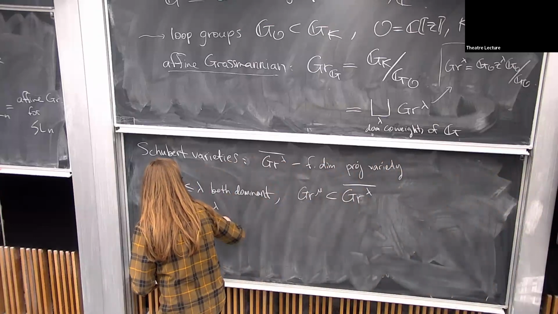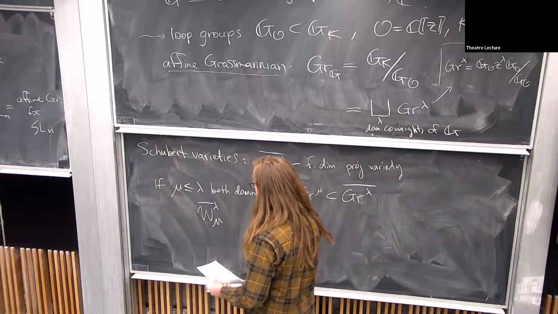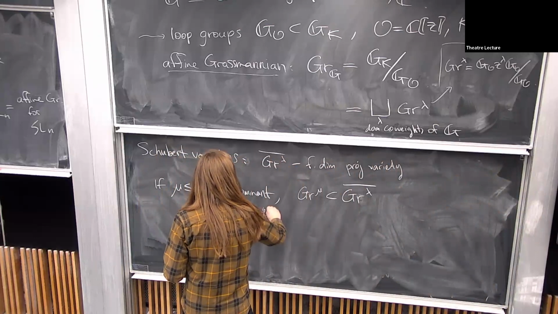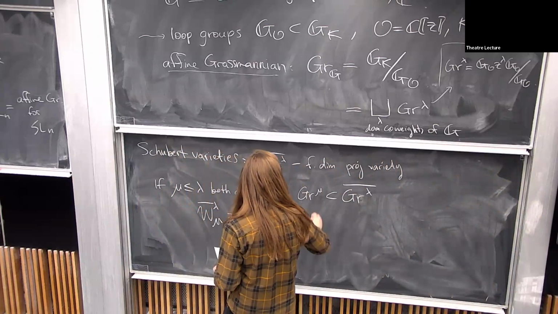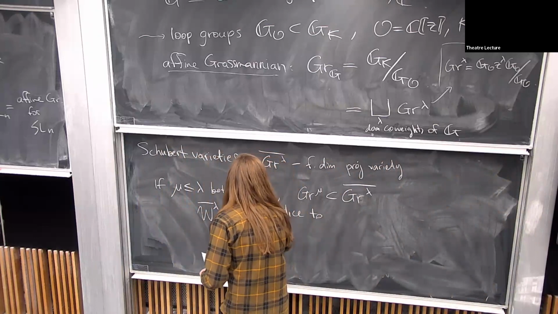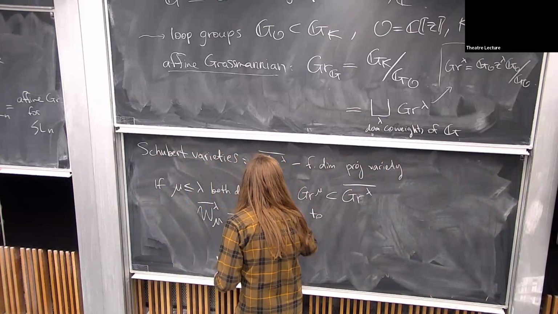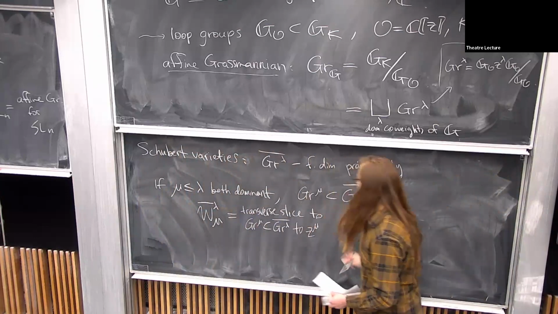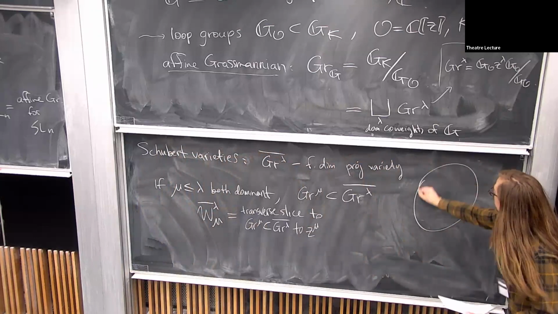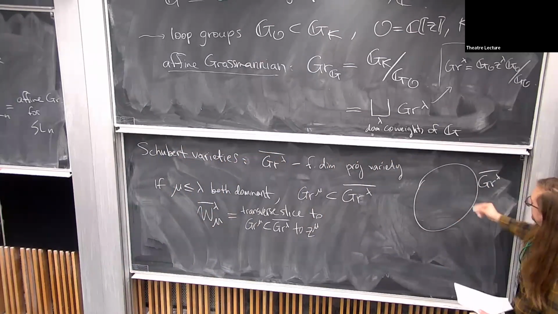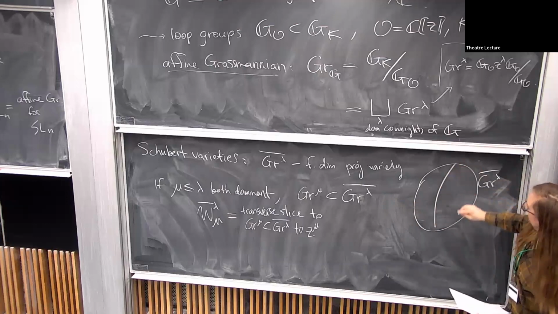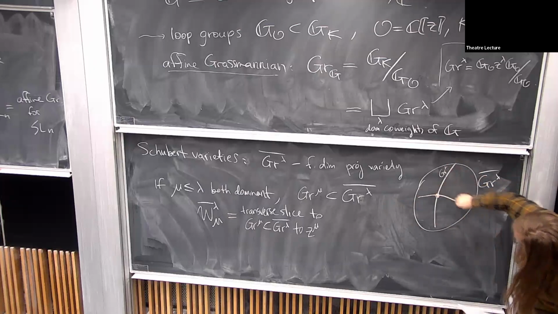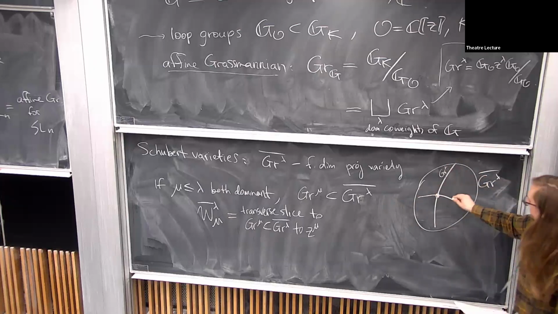There's a standard construction of such a thing in terms of groups, and I need to be very particular, at some particular point. In other words, there's some Gr^lambda bar here, and this other one is some smaller subvariety, so maybe here's Gr^mu. Here's the point I'm looking at, and I want a transversal kind of like that. So here's W.